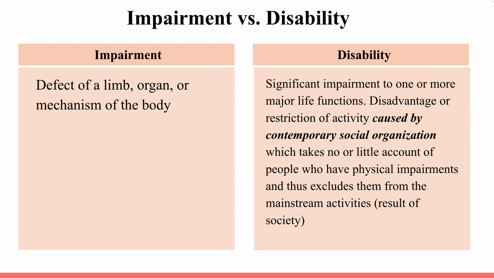Examples can be including rails or ramps to a building, handicap parking, push buttons for doors or automatic sliding doors. There are so many different ways that we can be inclusive and help individuals with impairments be a part of our society.